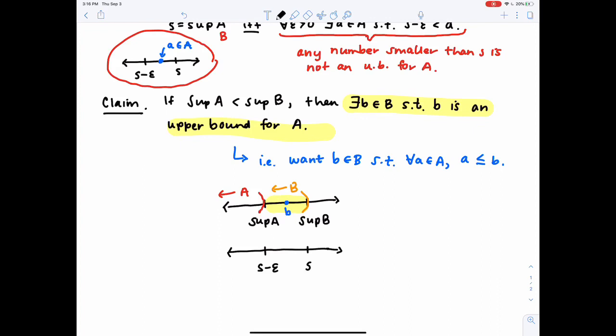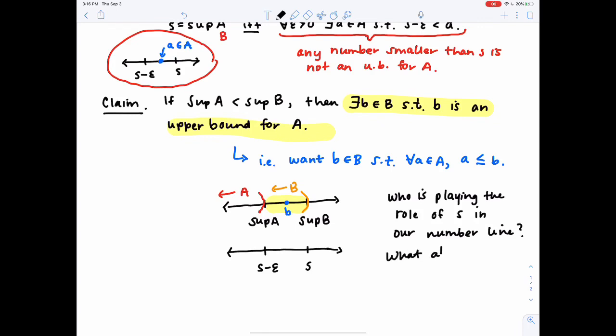And I'm going to ask, who is playing the role of s in our number line? And then what about s minus epsilon?